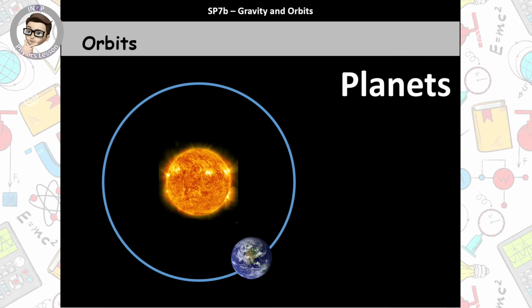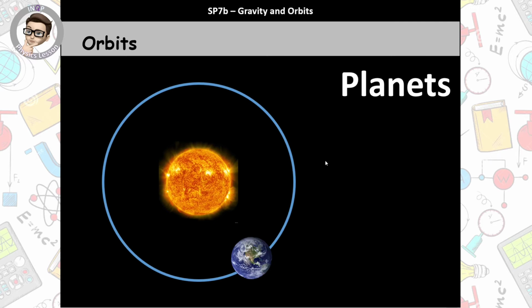So hopefully you remember from the first lesson that planets orbit in a circular motion. They have a circular orbit. It's not quite true. There's also a bit of what we call eccentricity, which means that it's a bit more oval rather than being circular.